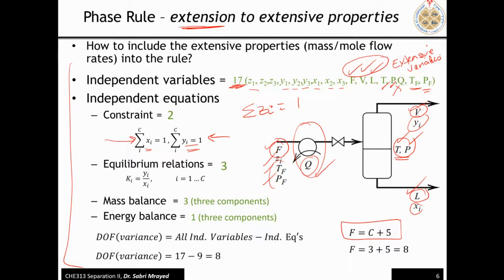Now I write here, constraints are only 2, and I only say summation xi is equal to 1 and summation of yi is equal to 1. But I didn't include summation of zi is equal to 1. Should we include it?